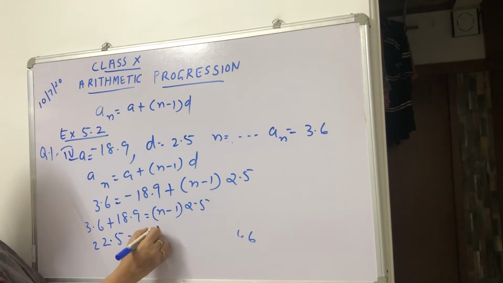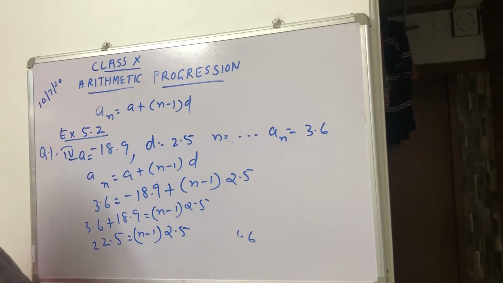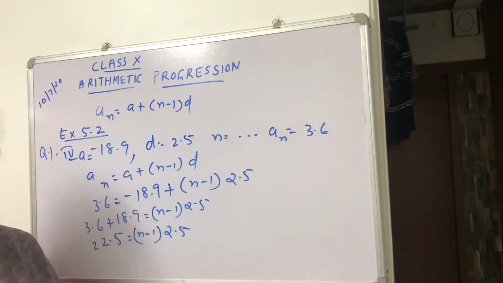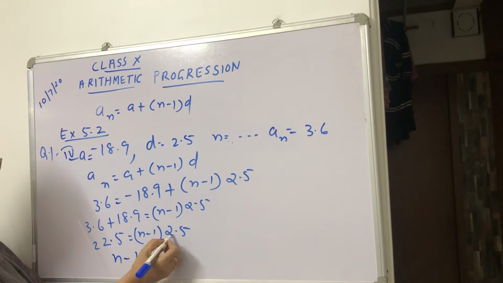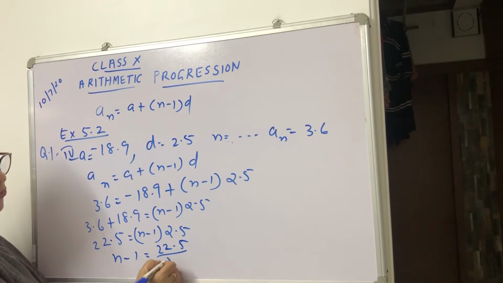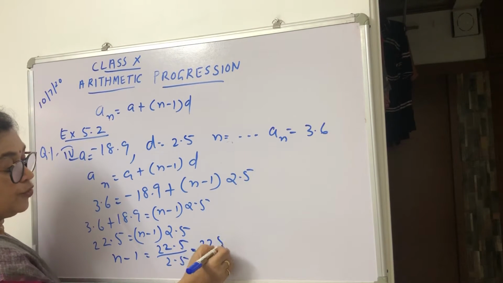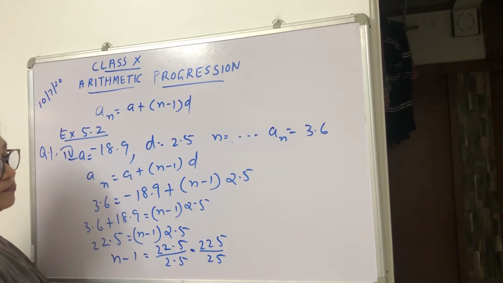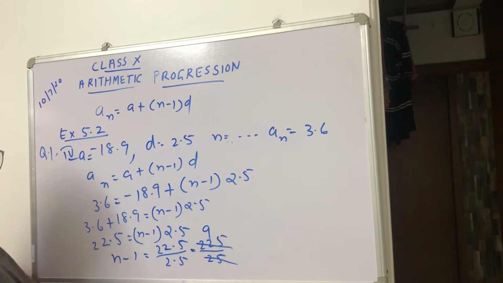22.5 is (n - 1) into 2.5. Here, n minus 1, you can take this 2.5 down. 22.5 by 2.5, that is 225 by 25. 25 nines are 225.